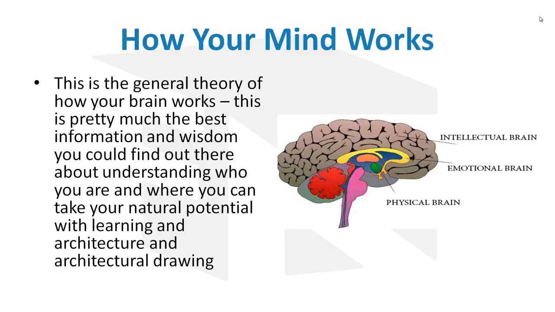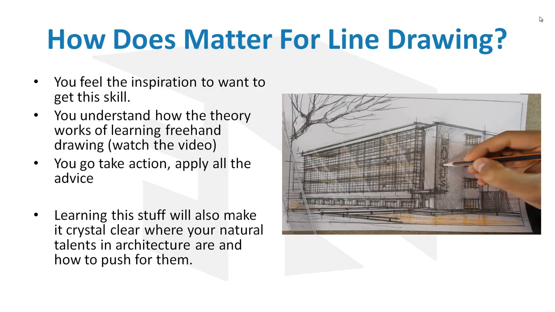So surprise, surprise, you've got 3 brains in one, right? That's very nice to hear. Basically, the way your mind works is you've got a physical brain, an emotional brain, and an intellectual brain, and they work together, right? Does this matter for line drawing? Of course, because you first need to feel the inspiration to do it.